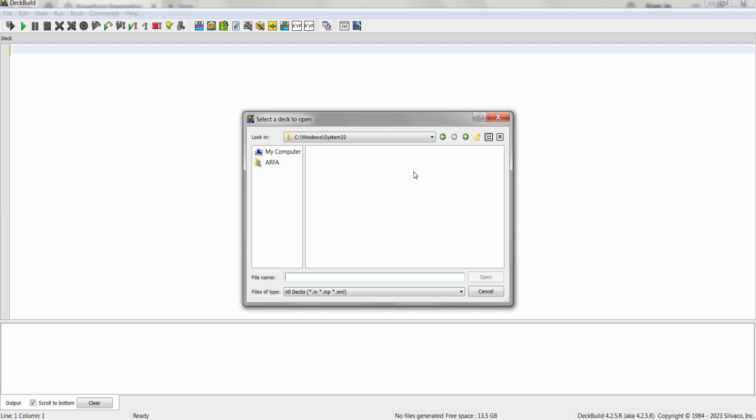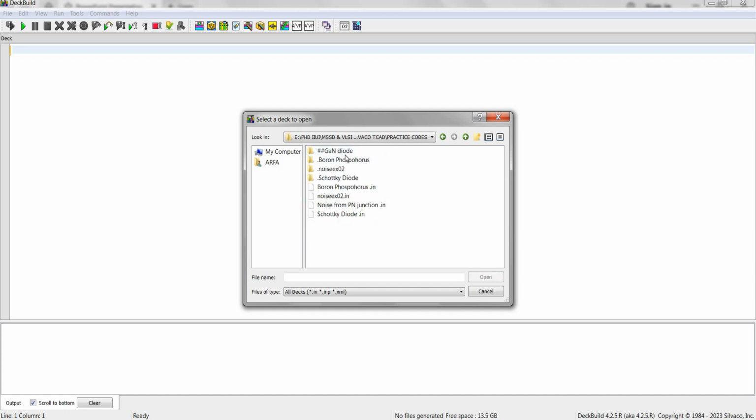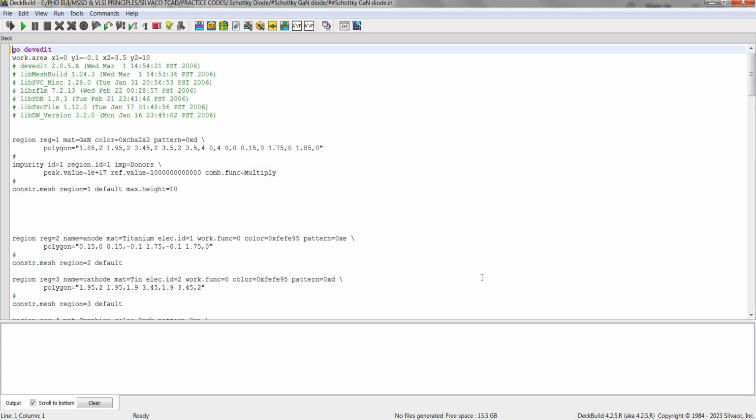This computer is a little bit slow, so kindly stay with me. Here is the Silvaco TCAD code for the gallium nitride based Schottky junction.